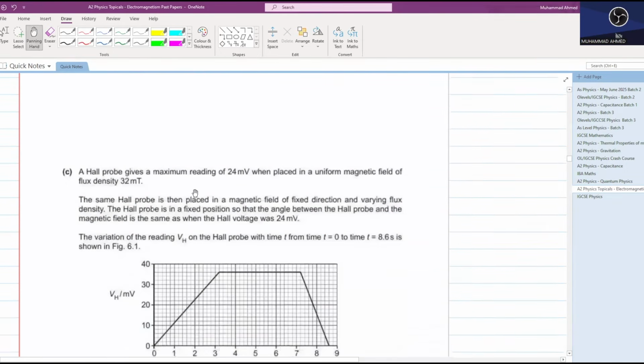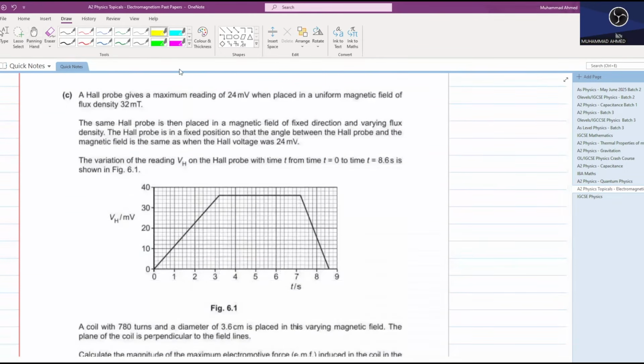Let's further move ahead. A Hall probe gives a maximum reading of 24 millivolts when placed in a uniform magnetic flux density of 32 millitesla. Okay, so your Hall probe reading, Hall's voltage reading, is 24 millivolts. Let me write it here.